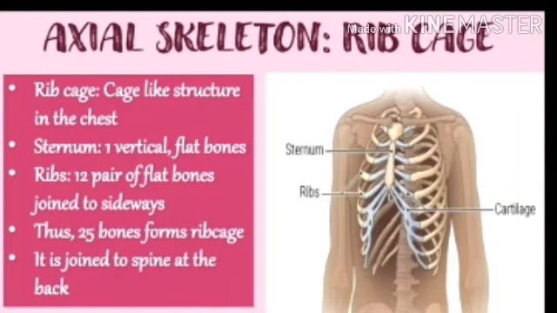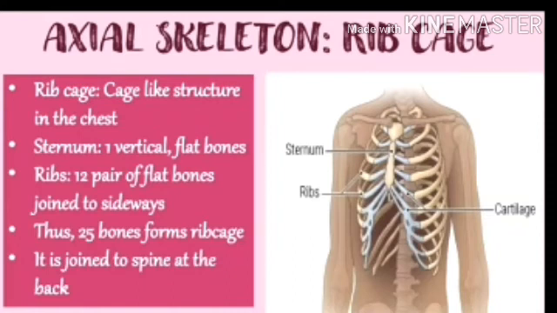And at the center the sternum is there, so 24 plus 1, 25. So the total number of bones in the rib cage is 25. The 25 bones form the rib cage, and it is joined to the spine at the back.